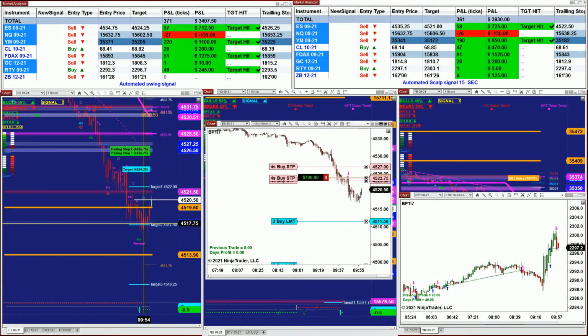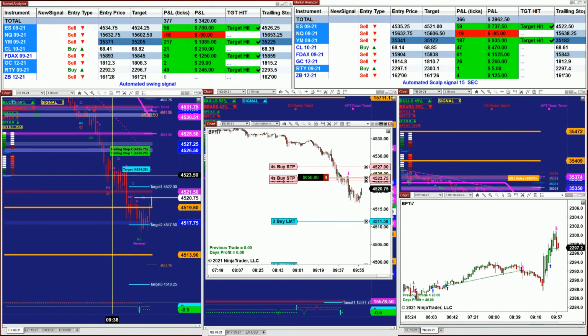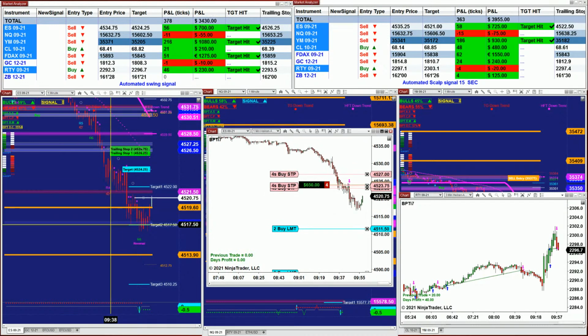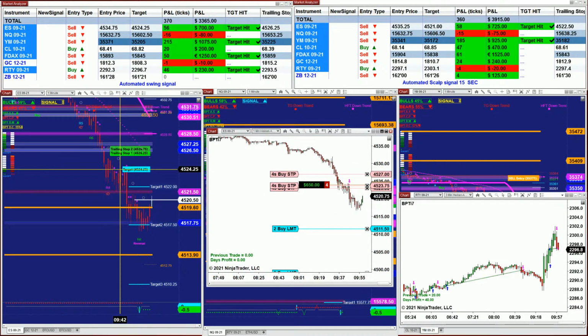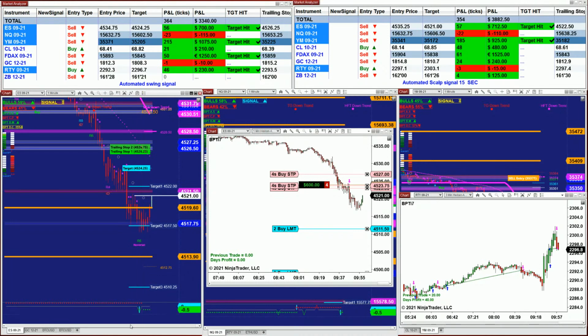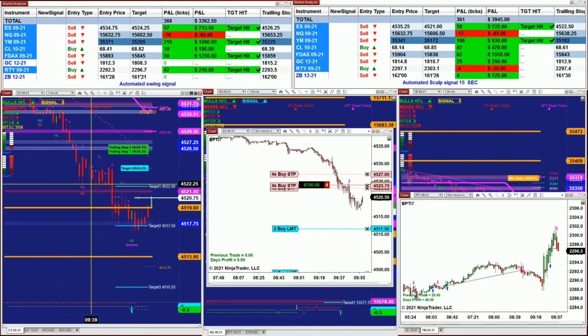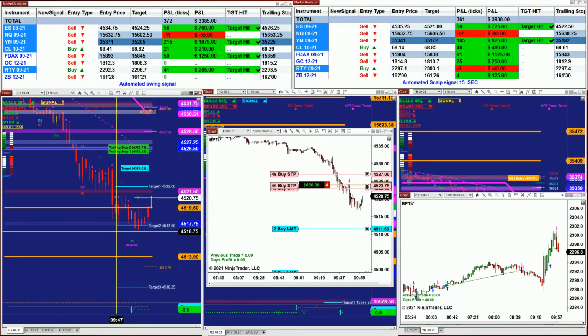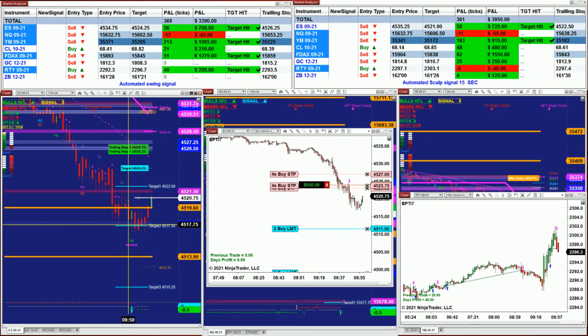When this market dropped here and you had over $1,200 in profit, we train you, we explain to you that once the market drops between those two yellow lines, this is a warning for you to start taking some of your profits out.